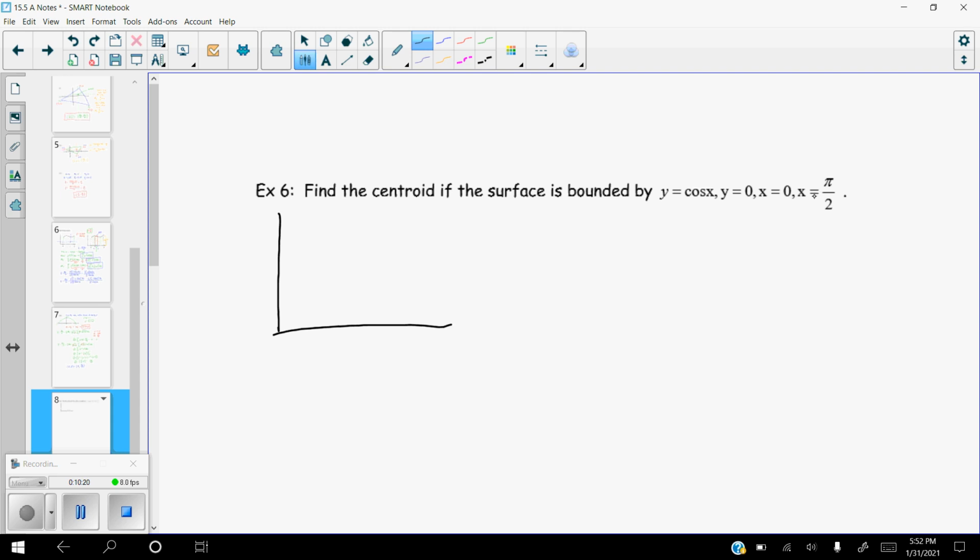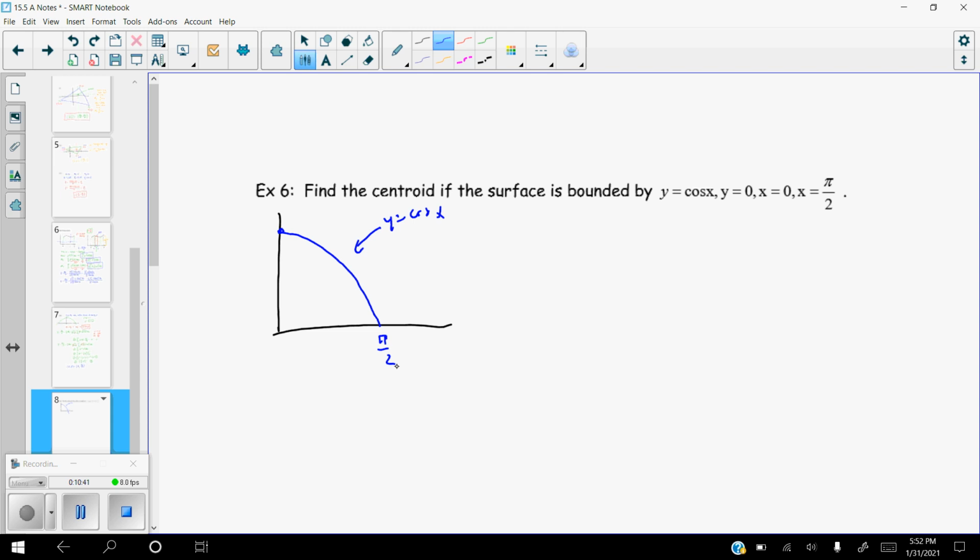Y equals cosine of x, and x equals pi halves. So cosine starts up here at 1, comes down to 0 at pi halves. So that looks like that's the space that we're trying to do. So this is y equals cosine of x. This is pi halves. Of course, x equals 0 and y equals 0.